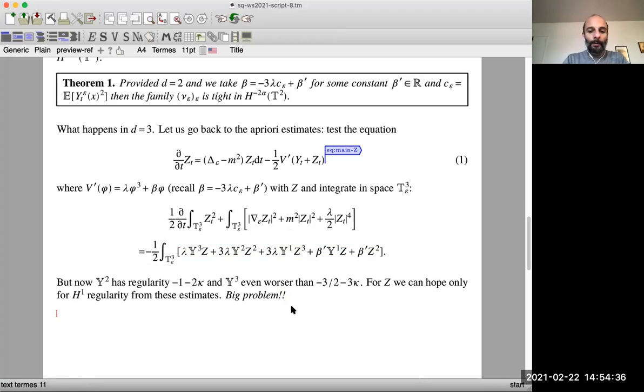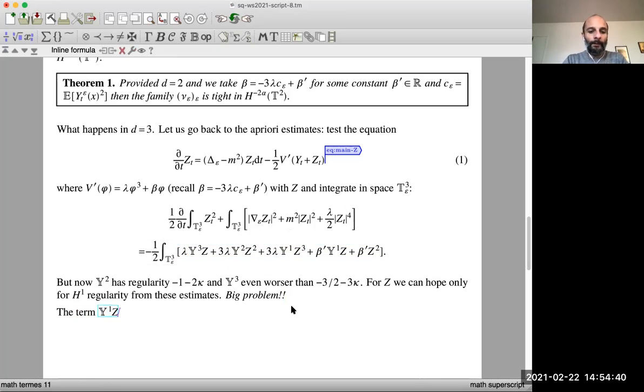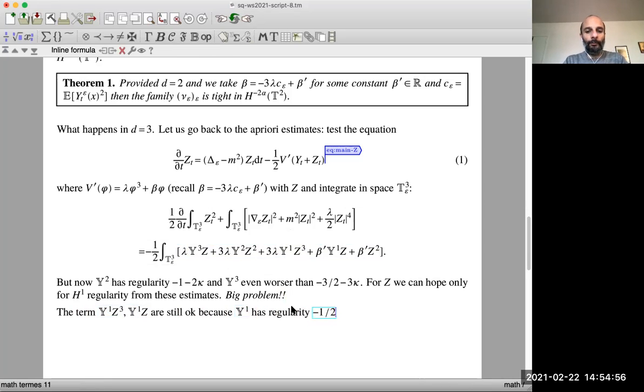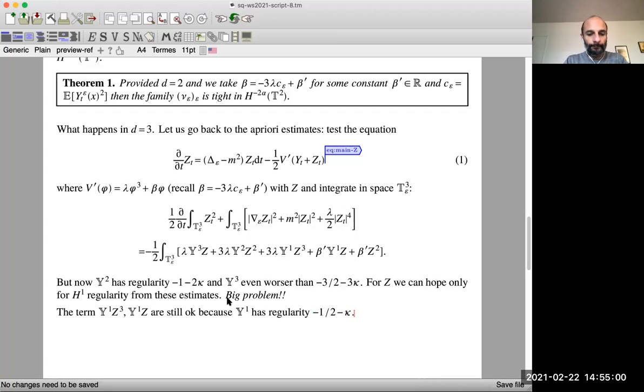The terms y1 z cubed and even y1 z are still okay, because y1 has a regularity. So these are the various regularities in 3-dimension, minus kappa. These are the regularities you have to keep in mind.